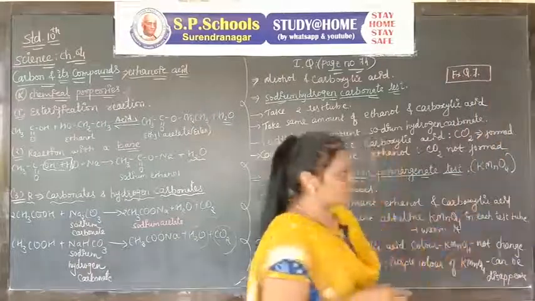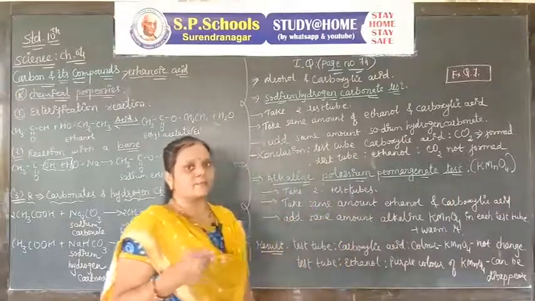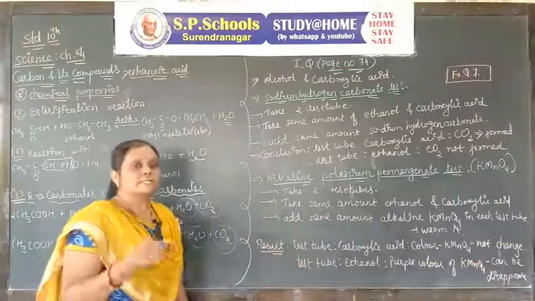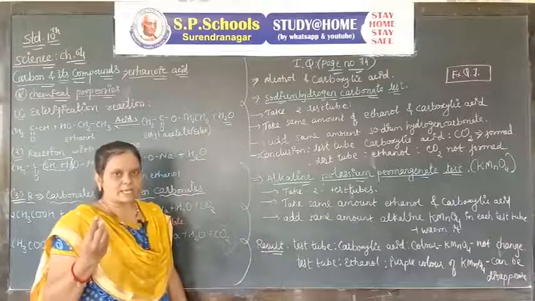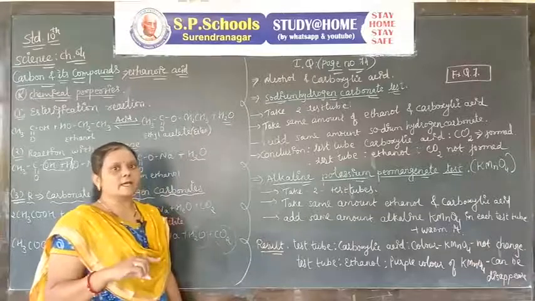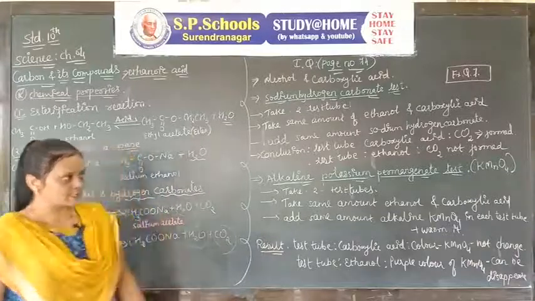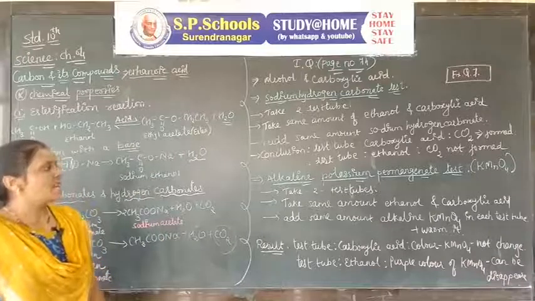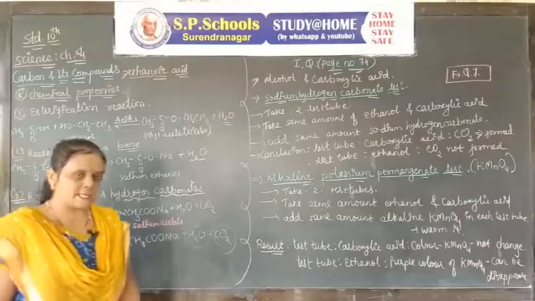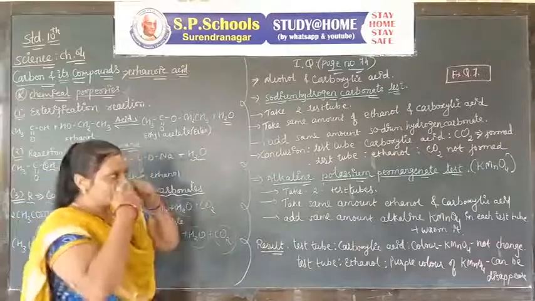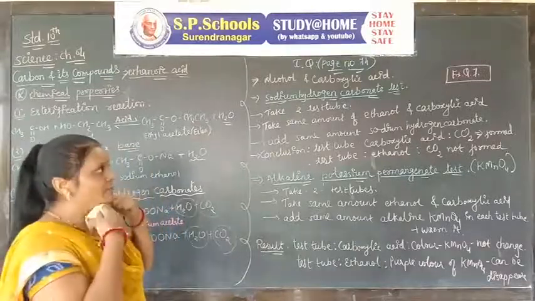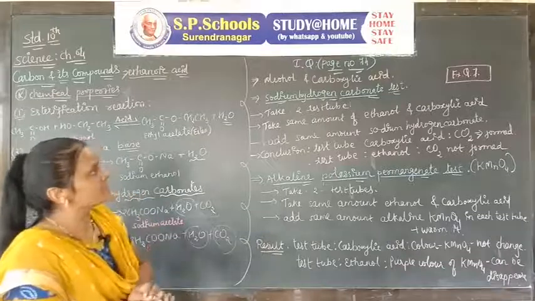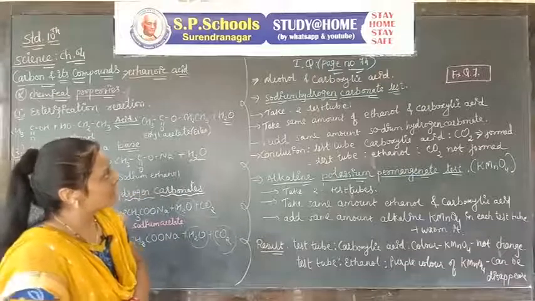Exercise question number 7 is based on the physical properties of ethanol and ethanoic acid, and the reactions they take with sodium hydrogen carbonate and alkaline potassium permanganate. The answer is easy, we already studied it, so you have to write exercise question number 7 yourself.